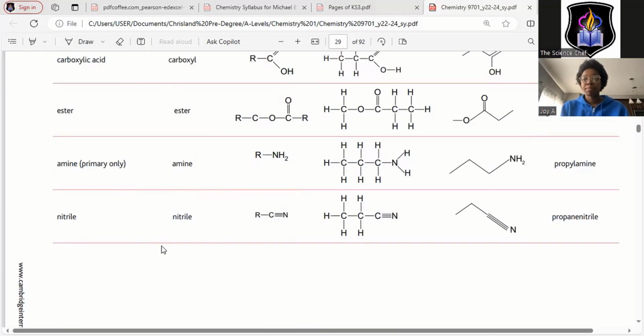Okay. You have the nitrile. The functional group is also nitrile. And which one was the nitrile? That's C triple bond N. Remember when we were looking at the features of carbon as a suitable backbone for organic chemistry, we said it has the ability to form double bonds and triple bonds with itself, and also with a few other elements, right?